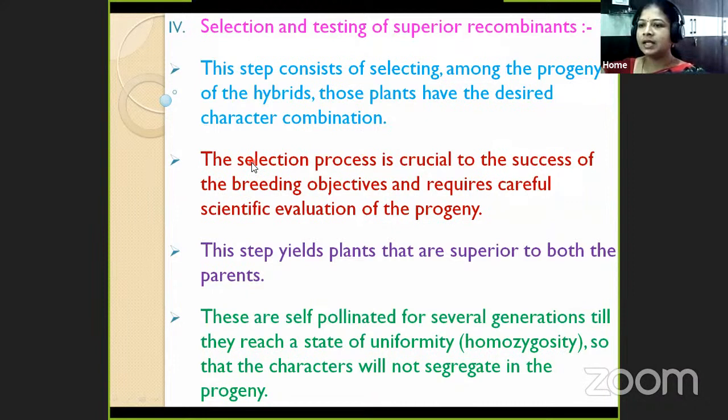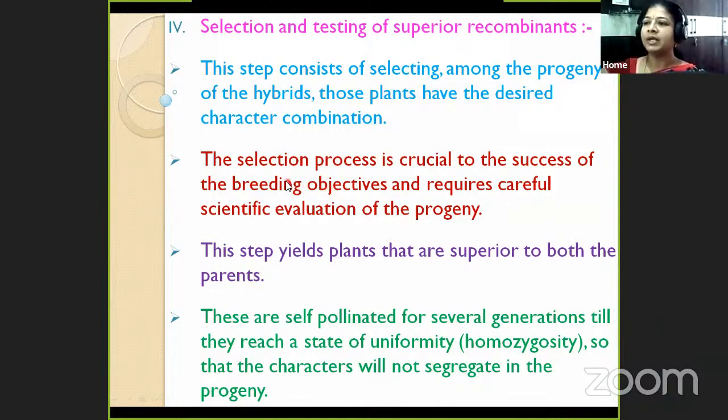And the selection process is crucial because it is the toughest process in the entire breeding program. First, we have to identify the hybrid which consists of desirable or superior qualities or not. So this selection process is crucial to the success of the breeding objectives.